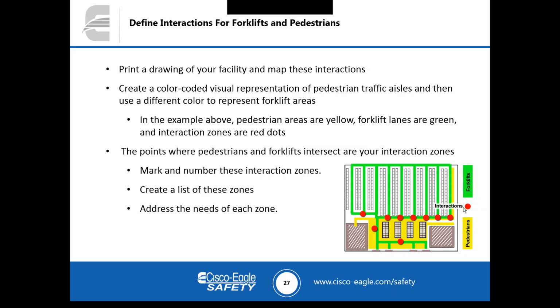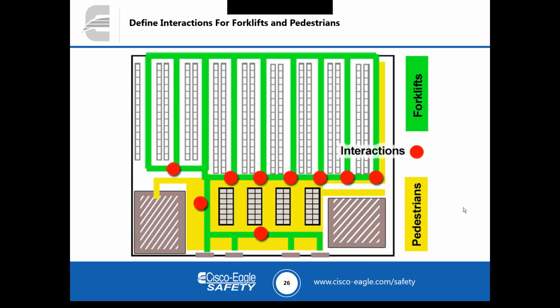So as you can see by our example, I'll go back one so it's a little larger. We've highlighted the pedestrian pathways within the facility in yellow, and the forklift pathways in green. I'm going to stay on here real quick.